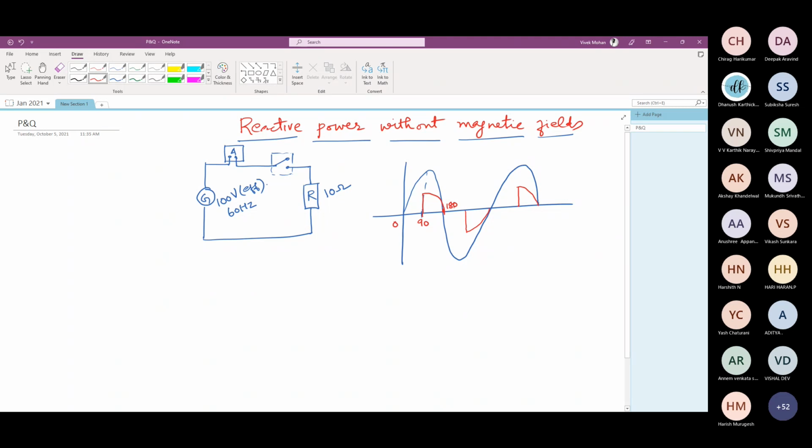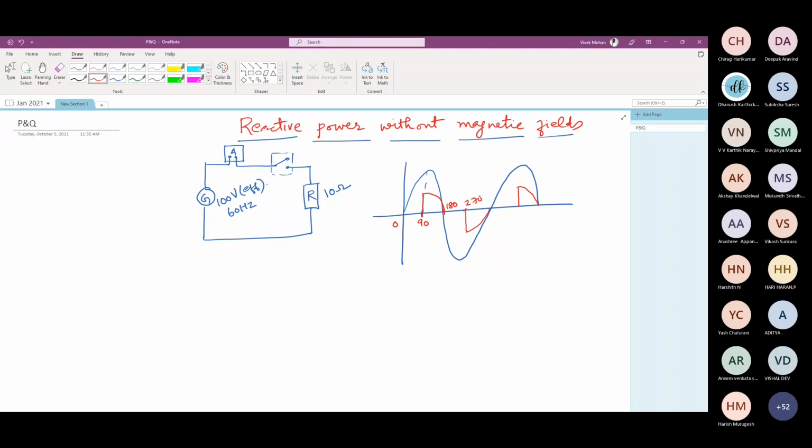This is 270. Okay, now we can see by intuition itself, we can see this forced delay of current with respect to voltage. This causes some reactive power consumption or generation that we'll see. Here it is consumption because the current is lagging the voltage.